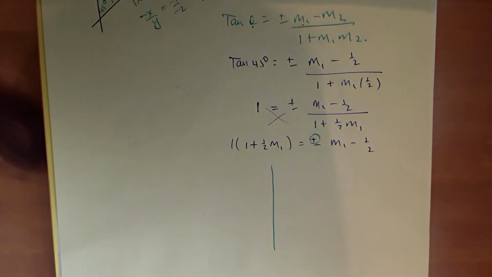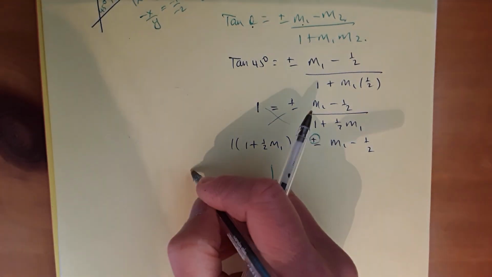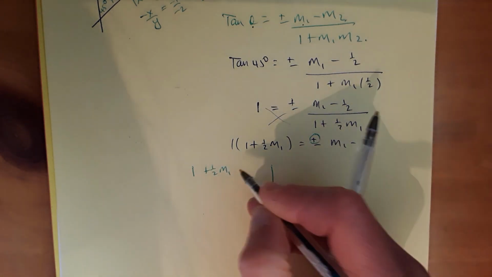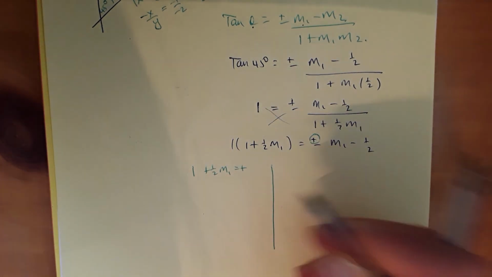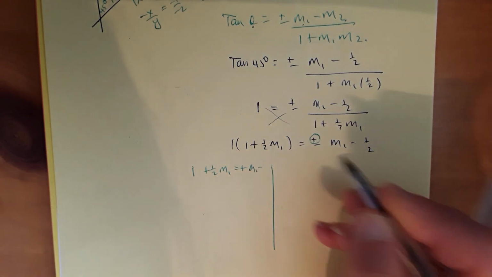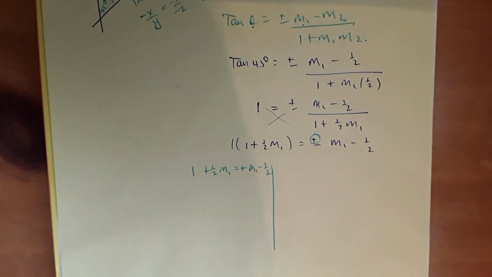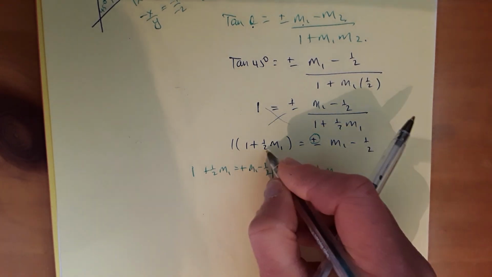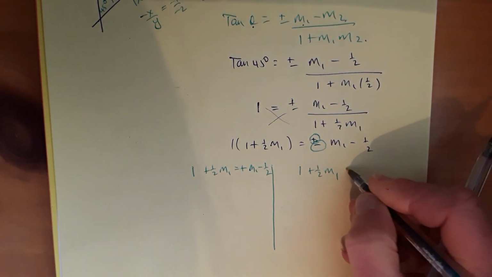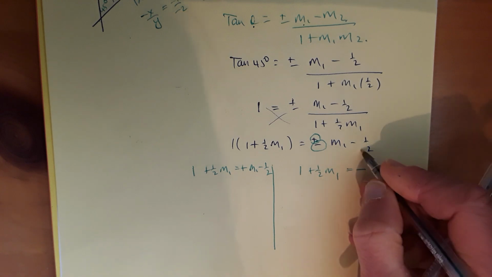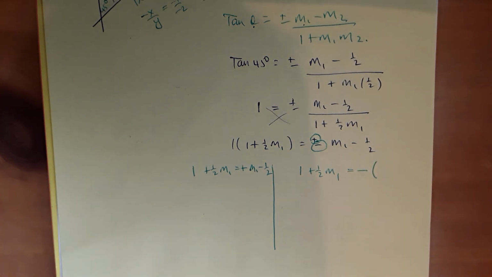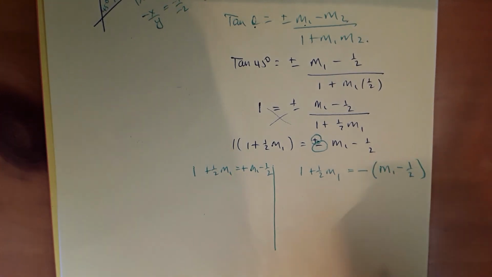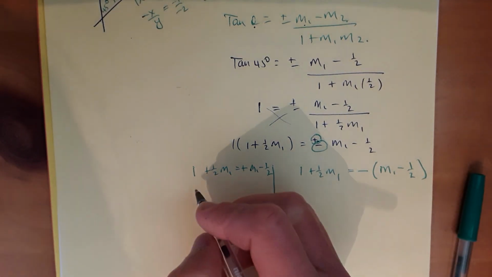The first: 1 plus a half m1 is equal to plus (m1 minus a half). The other one is if 1 plus a half m1, the left hand side, is equal to minus this. And don't forget, whatever follows a minus, you put it in a bracket: m1 minus a half.